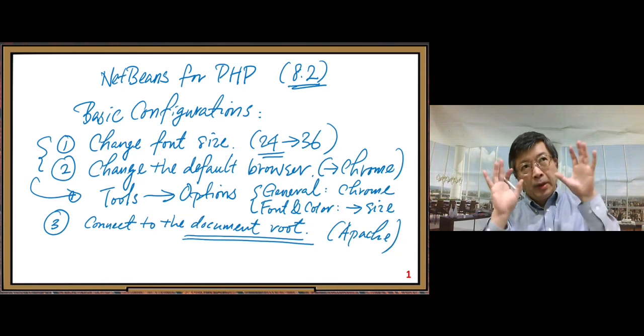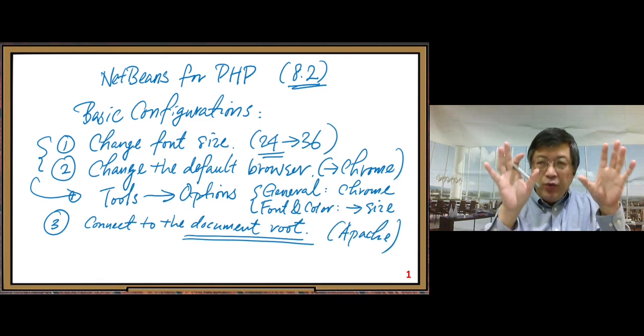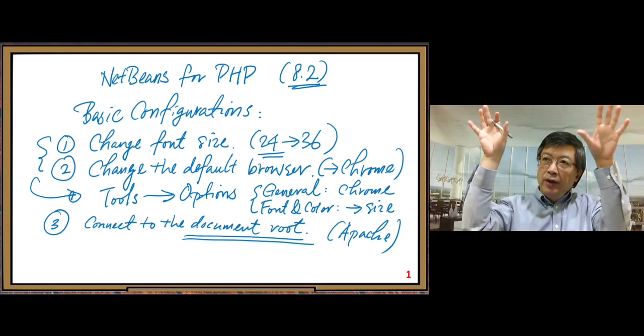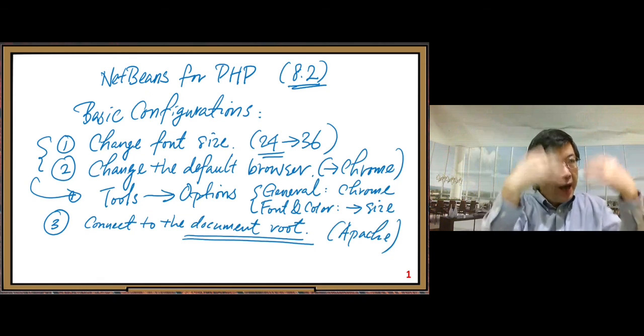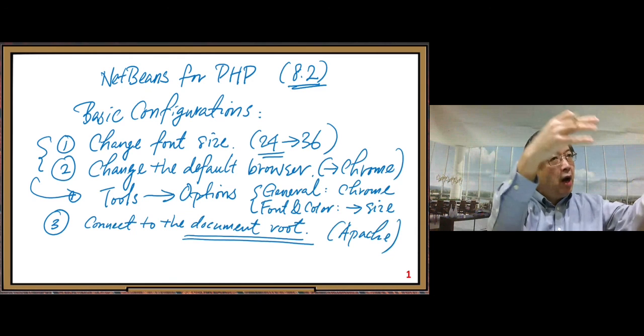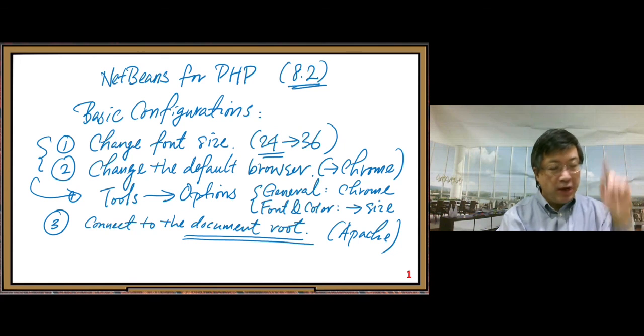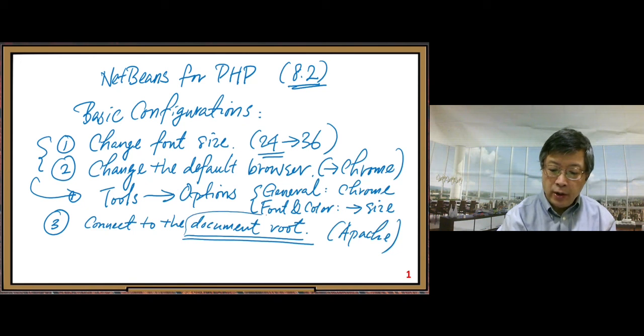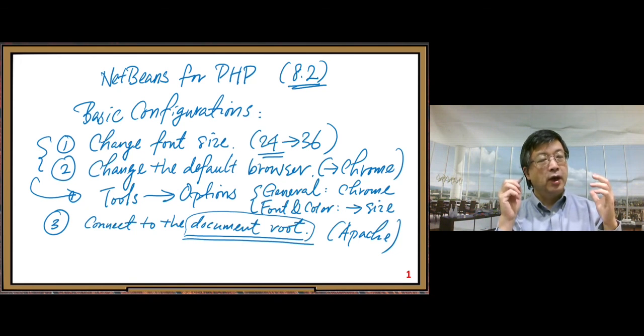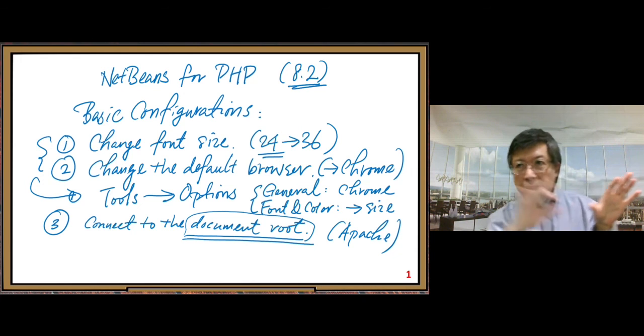In Apache, all the documents that can be accessed through URLs should be placed in a special folder called the document root. So in NetBeans, we need to connect to it.